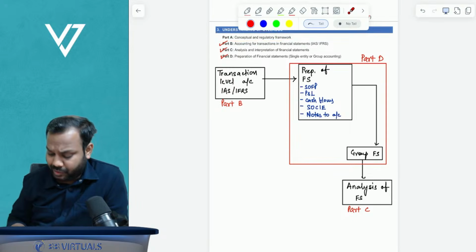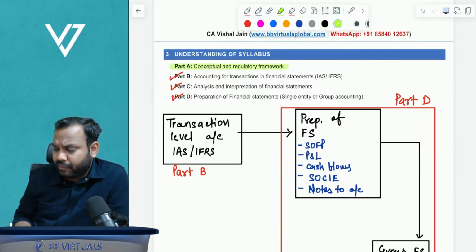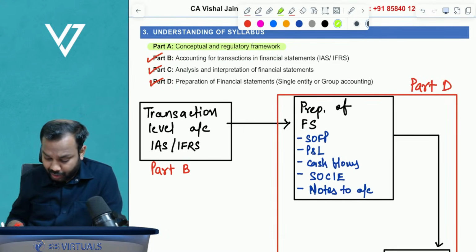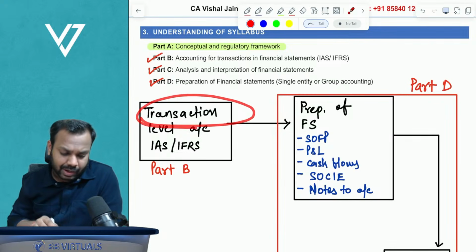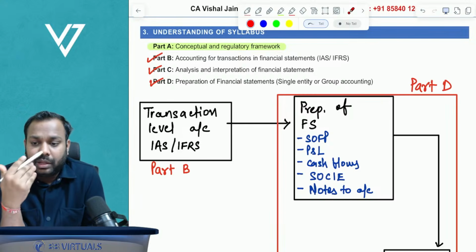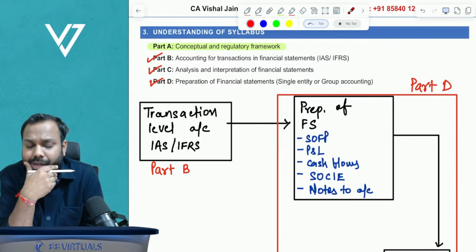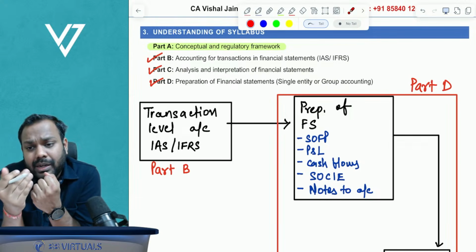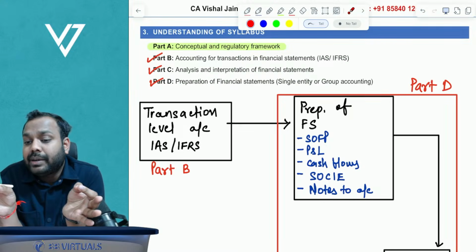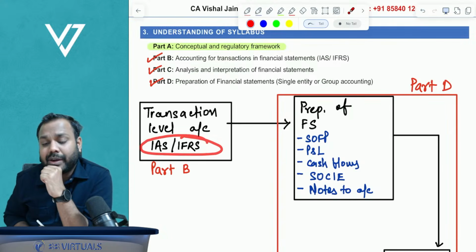What is the meaning of conceptual and regulatory framework? Now understand, when I talked about transaction level accounting, there might be instances that a company has entered into a transaction for which there is no accounting standard, no IAS or IFRS.